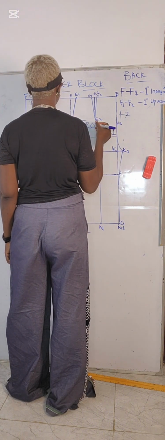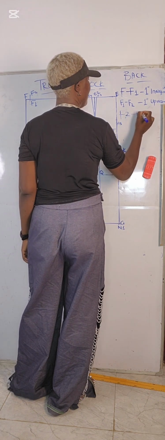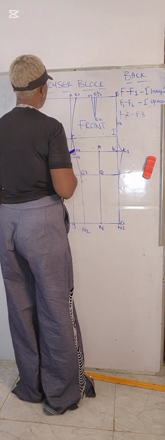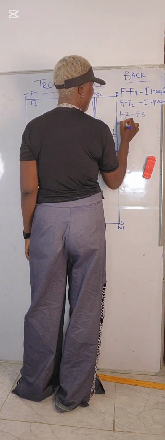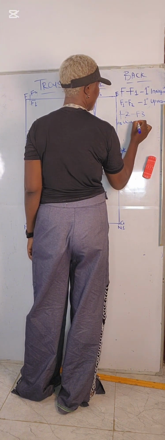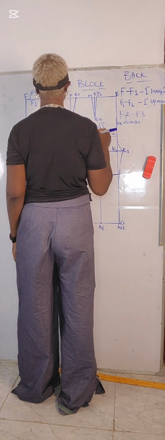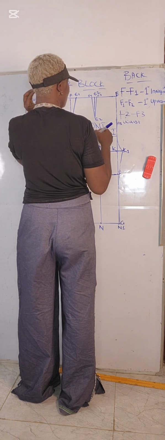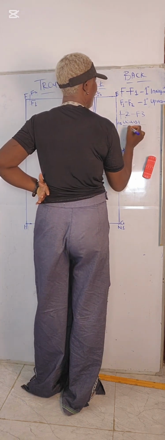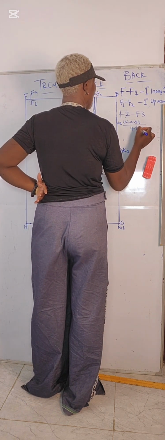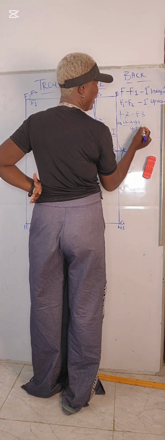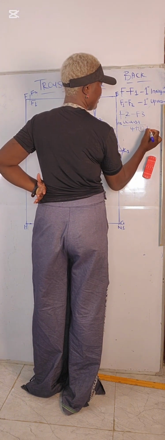F2 to F3. F2 to F3 is my waist divided by 4 plus 1. Remember, my 1 inch is for that.